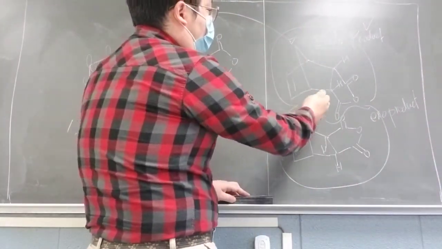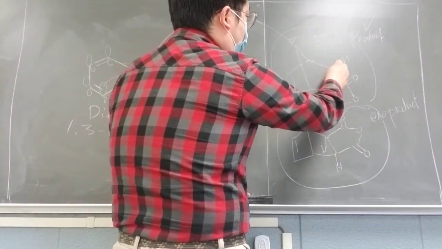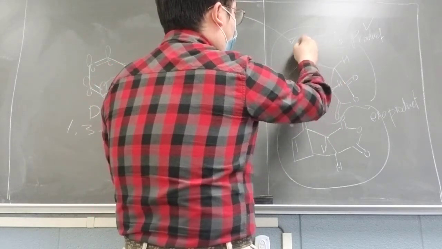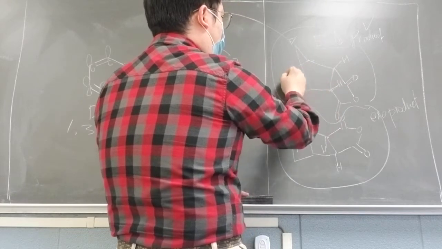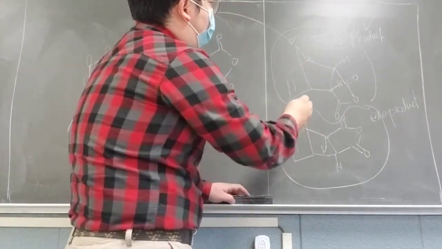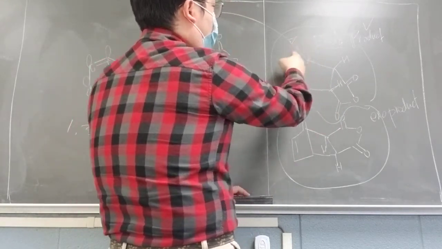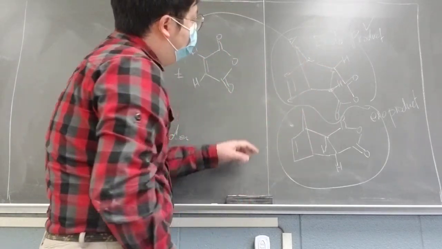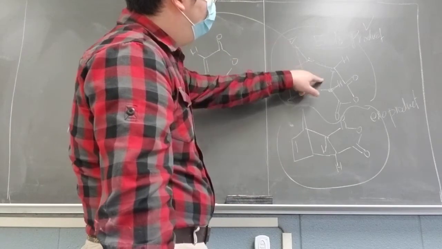So if you look at this weird structure, you have three bridges: 1, 2, 3, 1, 2, 3, 4, 1, 2, 3. So it has a bridge of 1 carbon here. These two have a bridge of 2 carbons here. So this is a 2-carbon bridge, and a 1-carbon bridge over here.